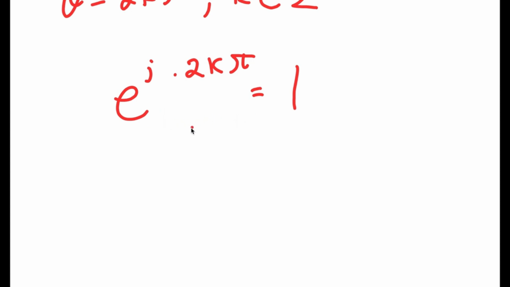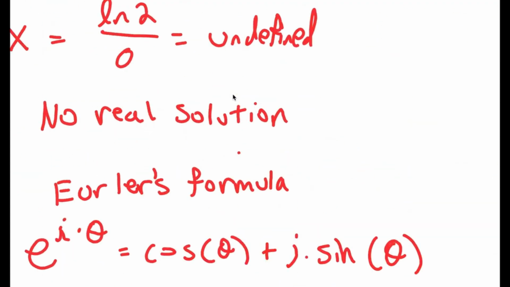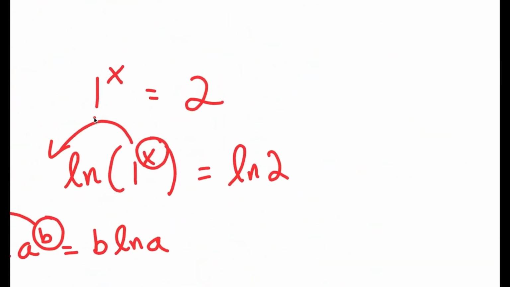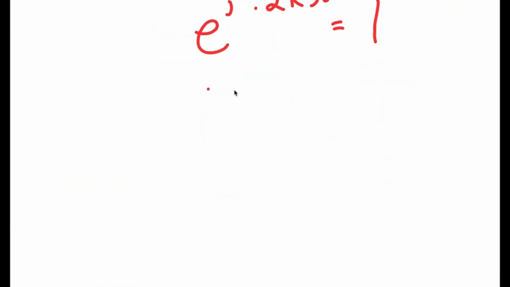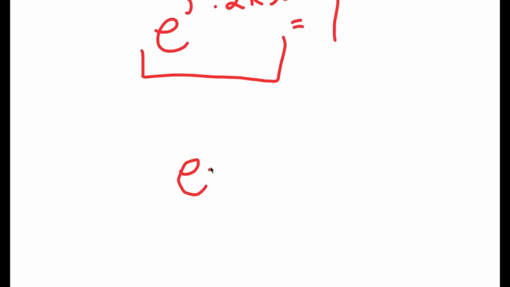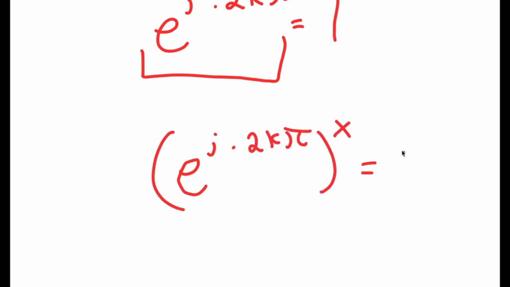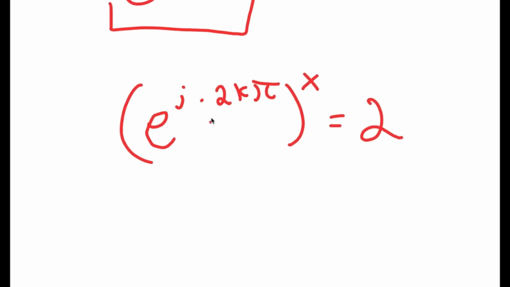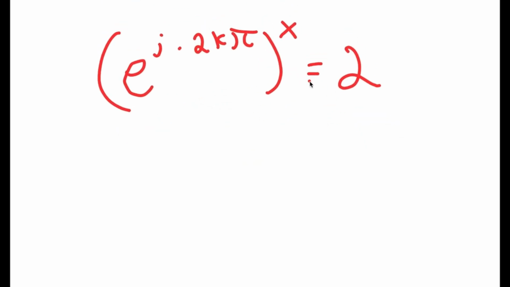Now, because this is equal to 1, we can remember our first equation, which we started with, 1 to the power of x equals 2, and we can substitute this in for 1, meaning I get e to the power of i times 2k pi, to the power of x, is equal to 2. So just think of this as 1. So I have basically 1 to the power of x equals 2.